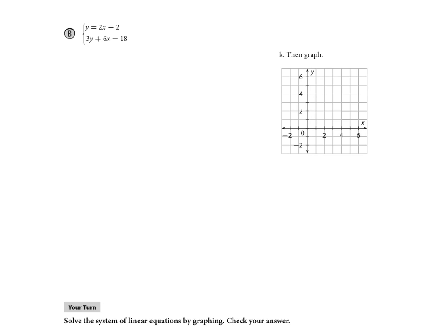Okay, so notice here we've got equations in two different formats. One of my formats is y equals 2x minus 2. That's y equals mx plus b. So I'm just going to write this down so that you have something to remember. Right, this right here is my slope. There's my y-intercept. This is why you got to be really good at graphing lines.